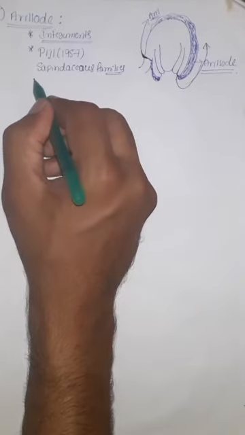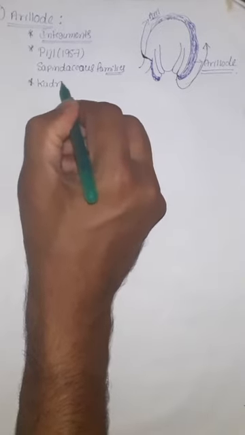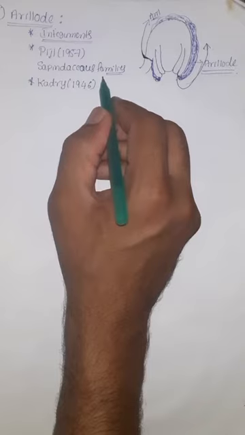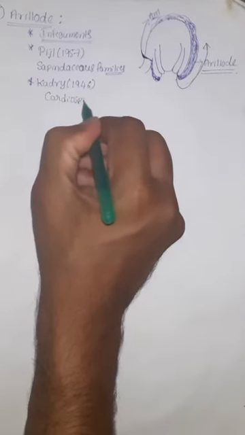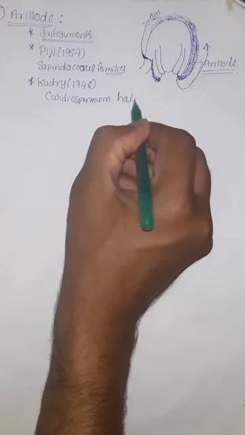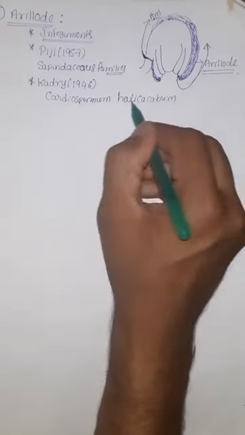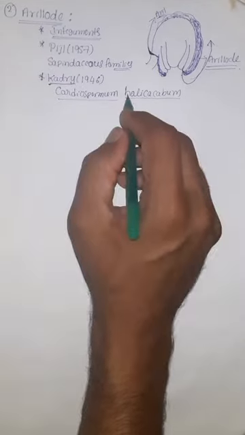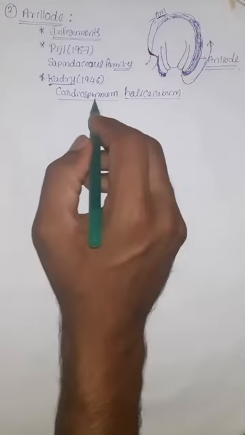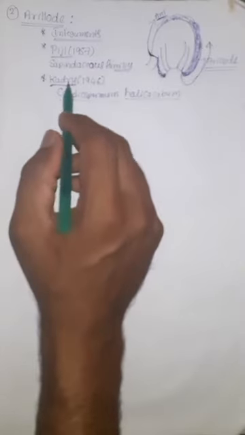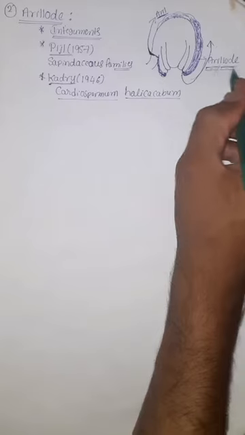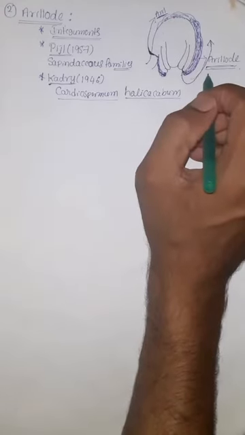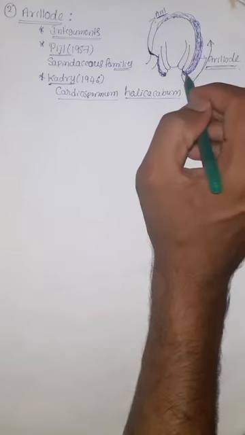And one more scientist, Kadry in 1946, described the development of an aril in Cardiospermum halicacabum, a twining herb. Kadry observed the formation of aril in this plant, but later Pijl said it is not aril, it is arillode. So there are mixed opinions, because both structures are associated with integuments only.